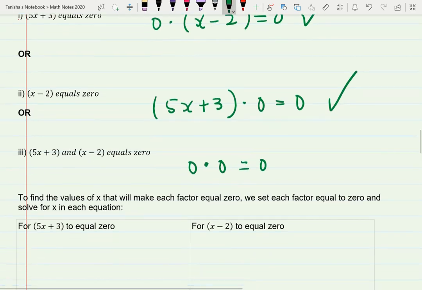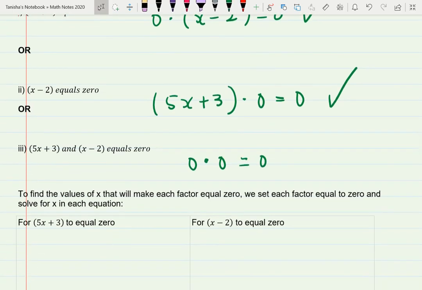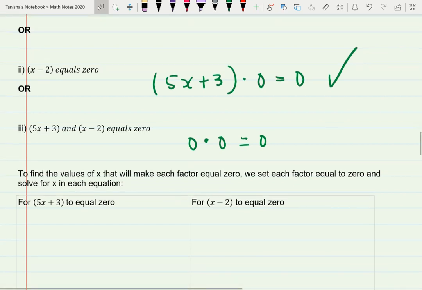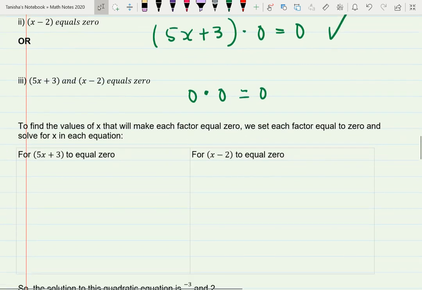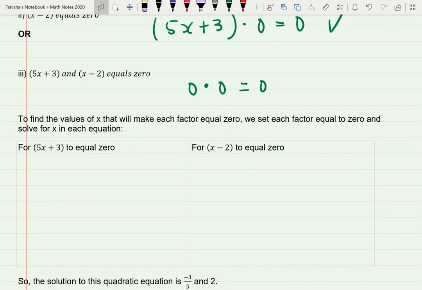Yep, that works too. So the question is, what value of x will make our factors equal 0? Whether the first factor is 0 or the second factor is 0, in both scenarios your equation is equal to 0. So there are two possible values of x, because you're going to require two different x values to make each of your factors equal 0.